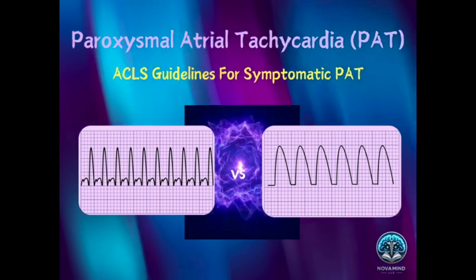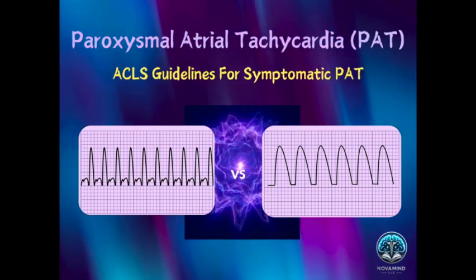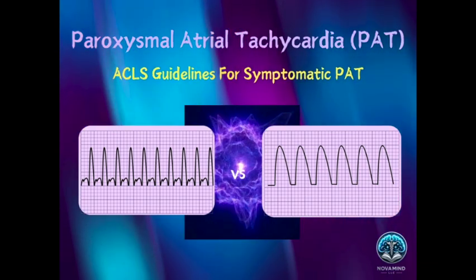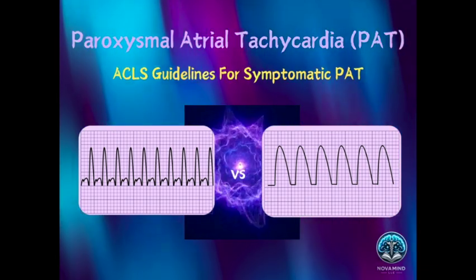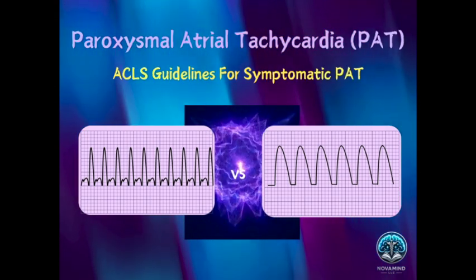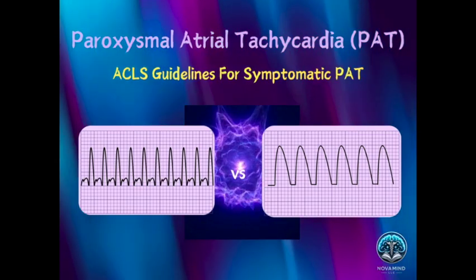For instance, in cases of symptomatic PAT versus monomorphic ventricular tachycardia with a pulse, would we include the same intervention of adenosine or cardioversion? Using the wrong algorithm or interpreting the rhythm incorrectly in real life scenarios could result in inappropriate care.